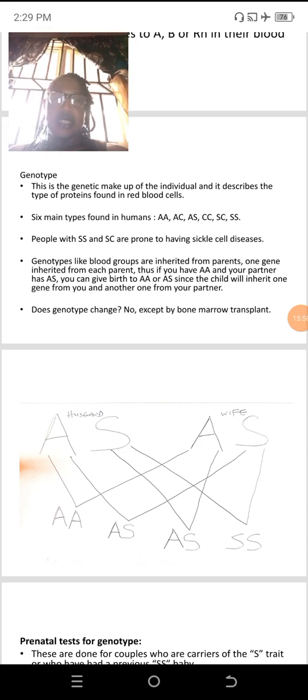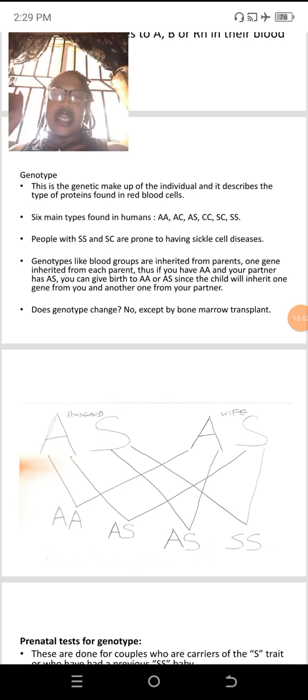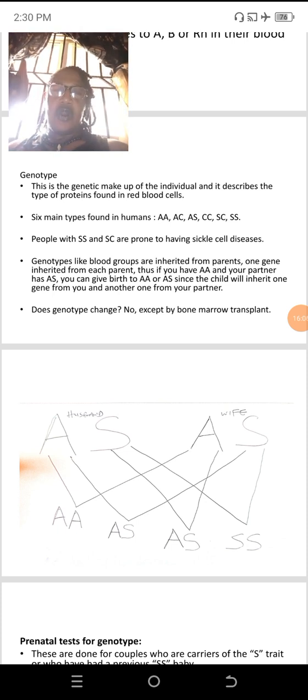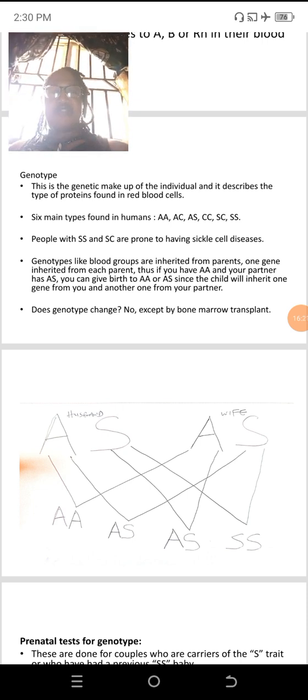So if you look at that diagram properly, for each pregnancy, there is a 1 in 4 or 25% chance that the baby will be AA. Then there is also a 25% chance that the baby will be SS. And there is a 50% chance that the baby will be AS.